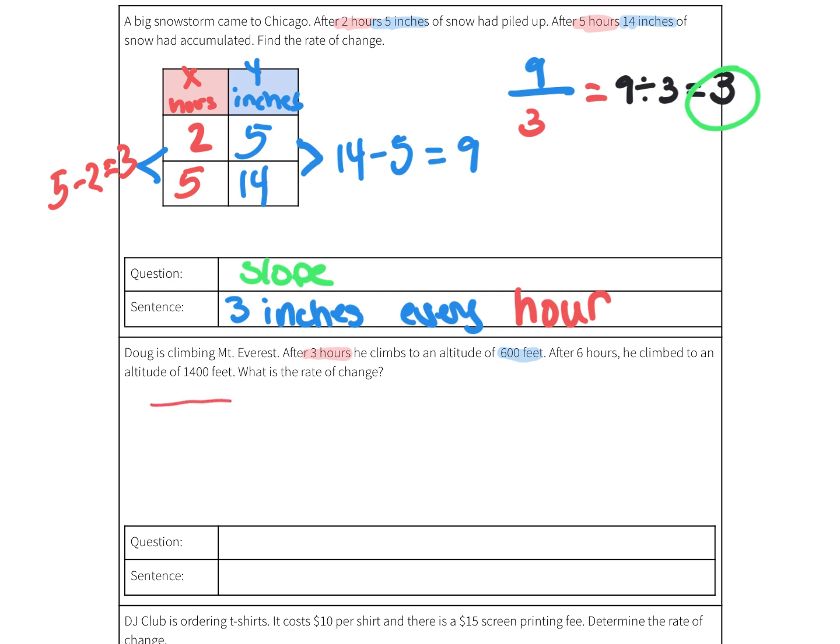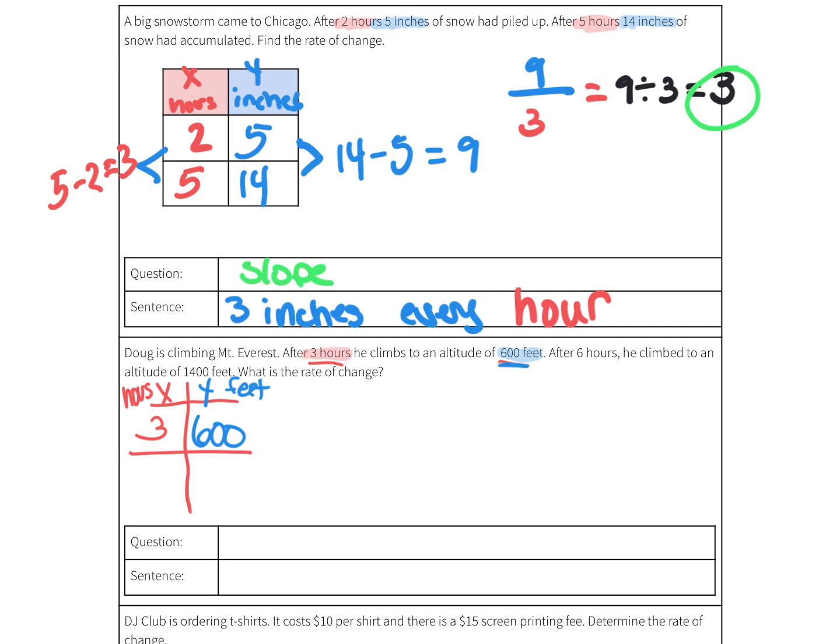So if I made my table, I have my X, which is hours, and I have my Y, which is feet. Okay, now if I look here, it says at 3 hours, he was at 600 feet.